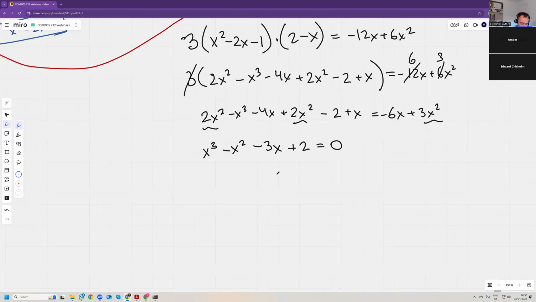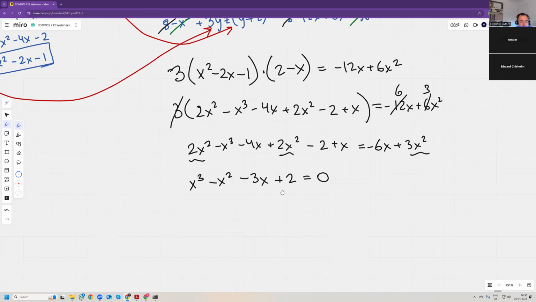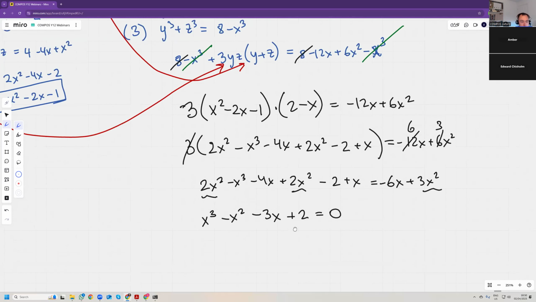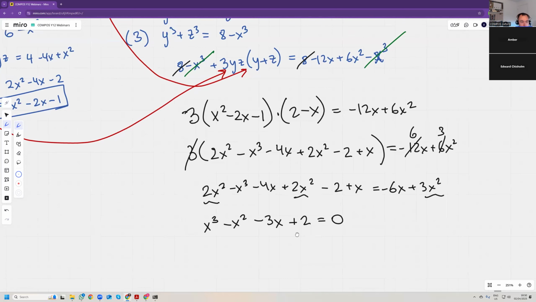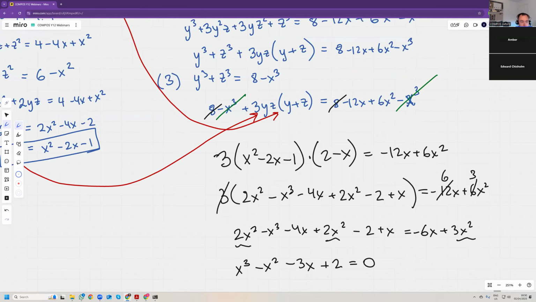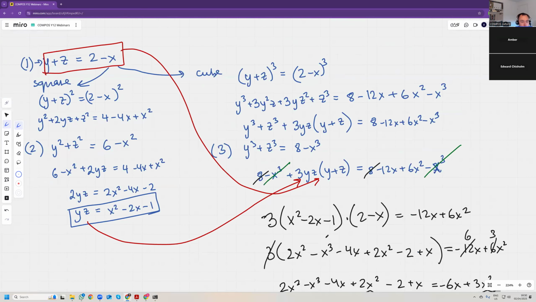Now we need to solve this cubic equation. X cubed minus 2x squared minus x plus 2. I think I made a mistake. Let me check. Y plus z is 2 minus x.